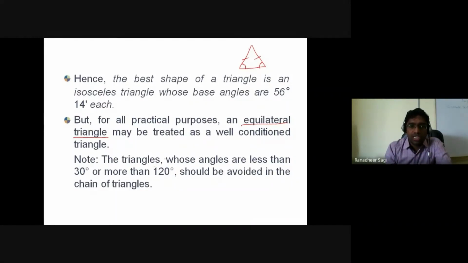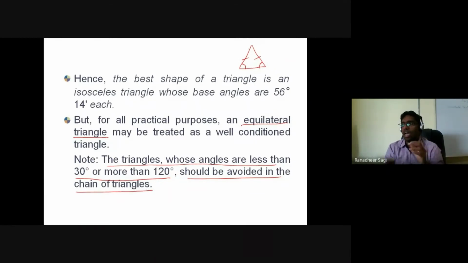Triangles whose angles are less than 30 degrees or more than 120 degrees should be avoided in the chain of triangles. If it is less than 30 degrees, the angle between two lines is very small.